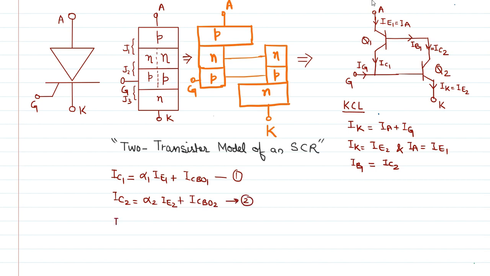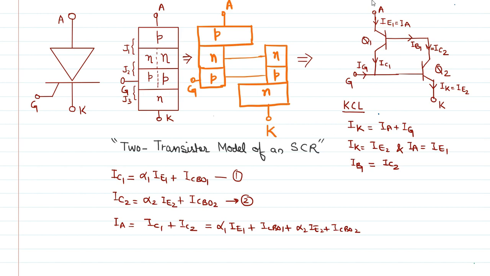We can write IA as the sum of IC1 plus IC2, which is also equal to alpha 1 times IE1, where IE1 is equal to IA, plus ICBO1 plus ICBO2.